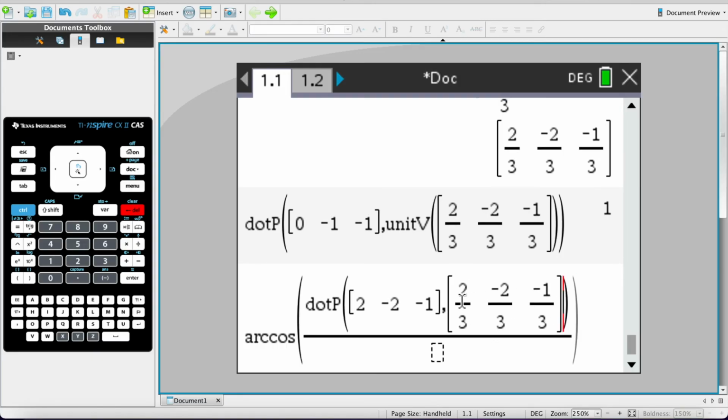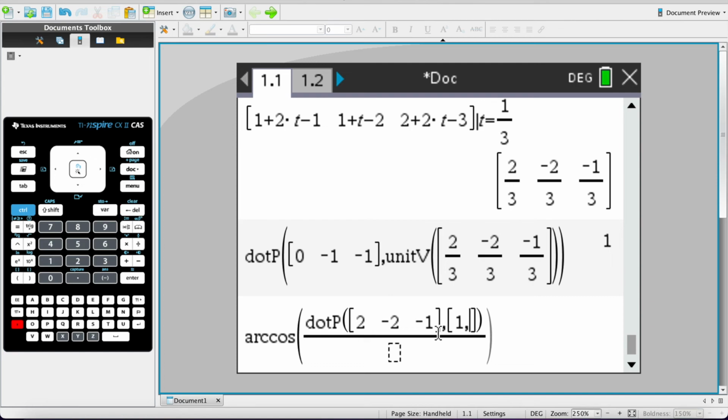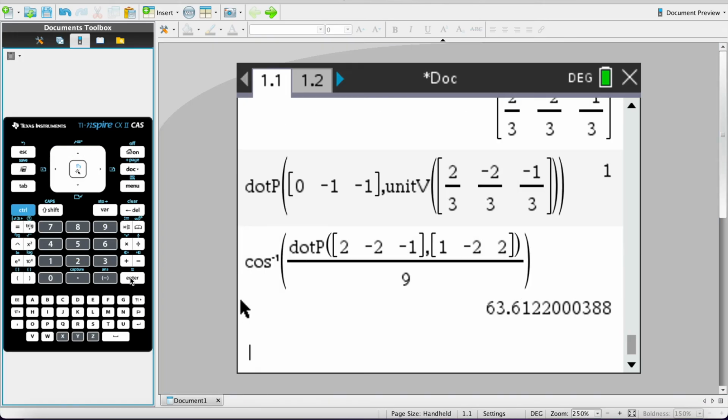It is 1, negative 2, I've stuffed this up, so 1, negative 2, 2, right? And that's over 9. So that gives you 63.61.